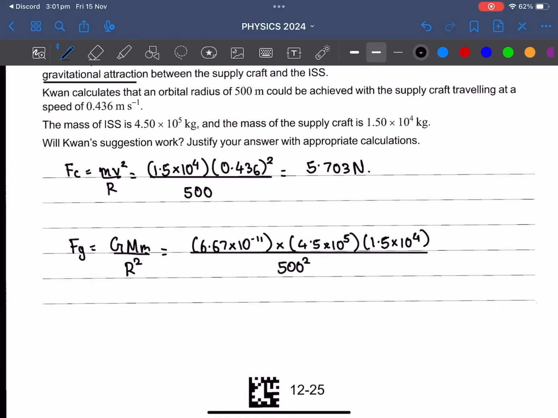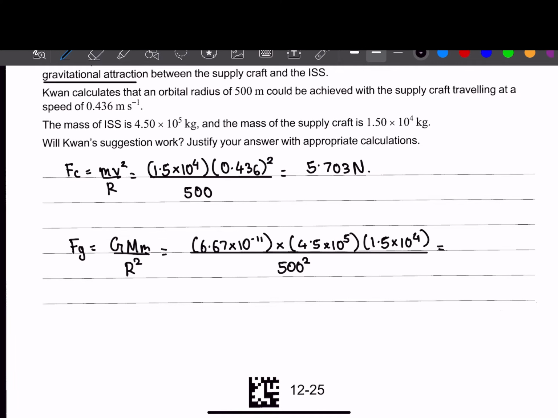Putting that in the calculator, I get 1.8 times 10 to the negative 6 newtons.